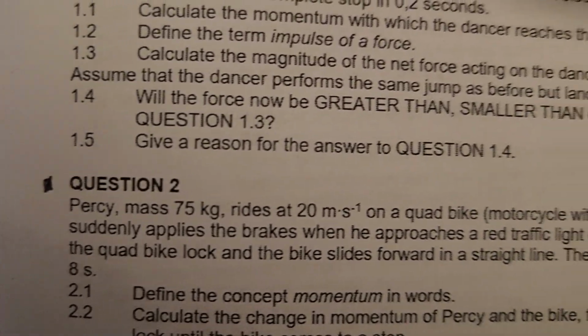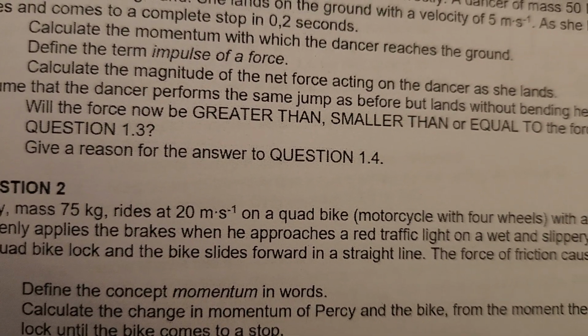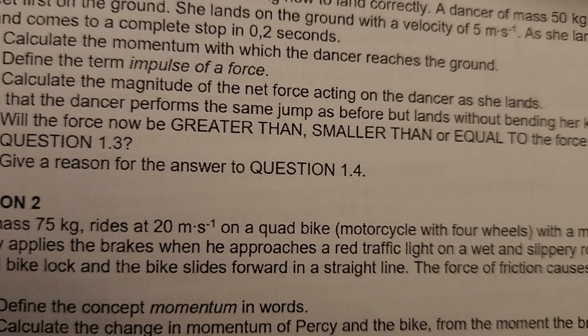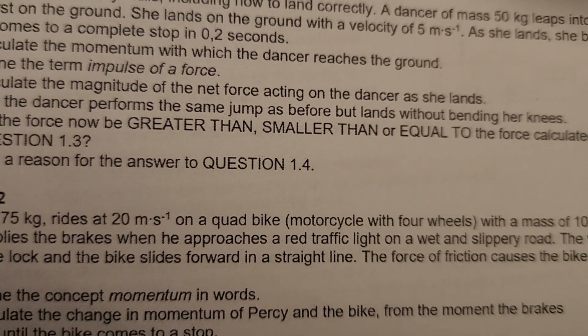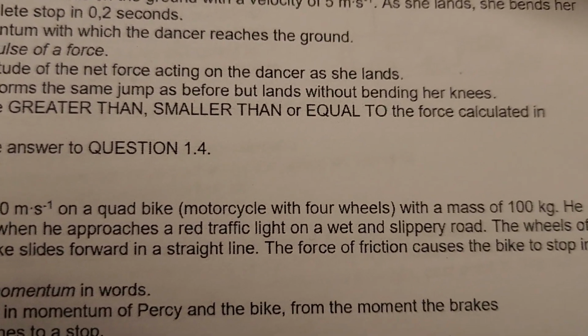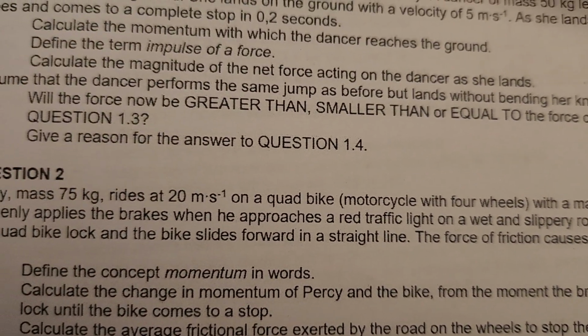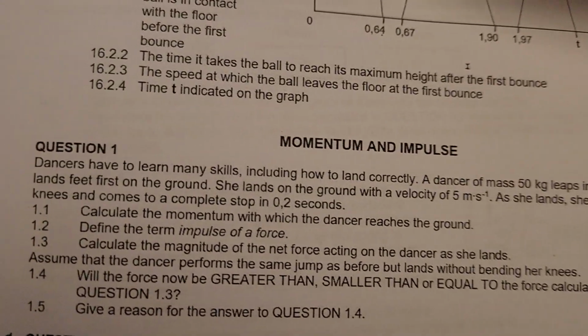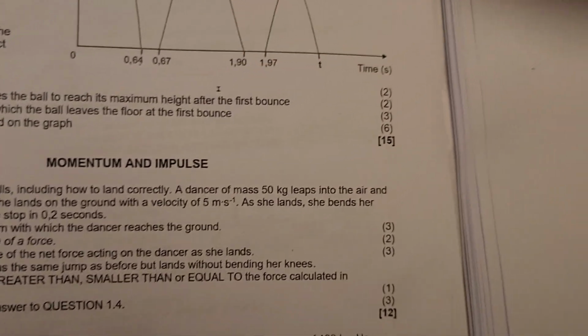Meaning that now the stoppage time becomes smaller in this case. Now the question will say, will the force now be greater than, smaller than, or equal to the force calculated above in 1.3? The effect is that the stoppage time is smaller.